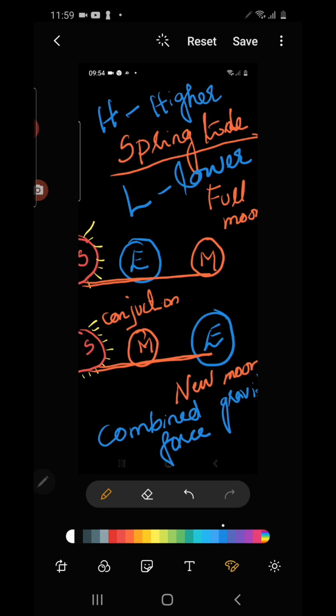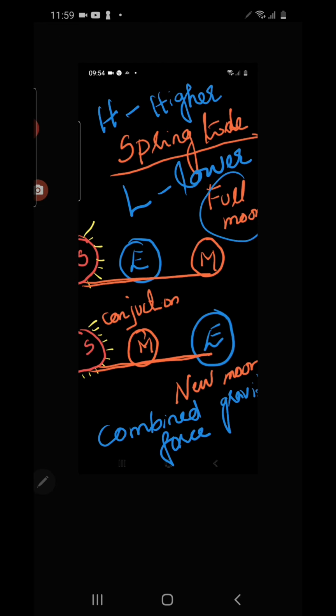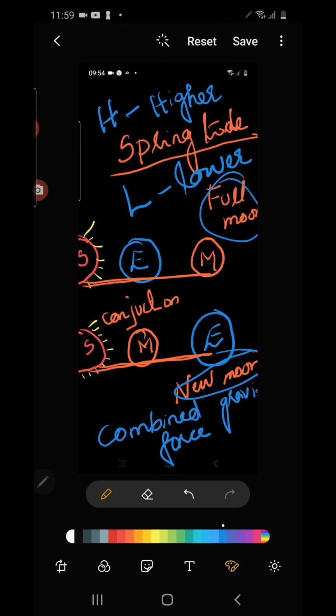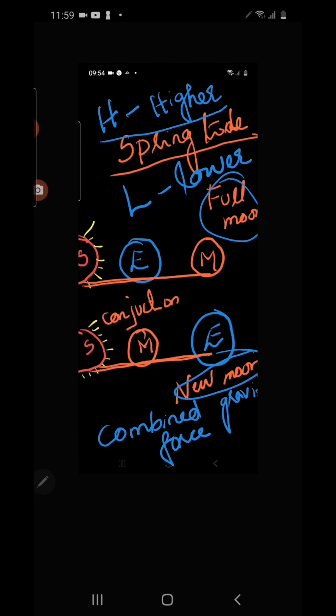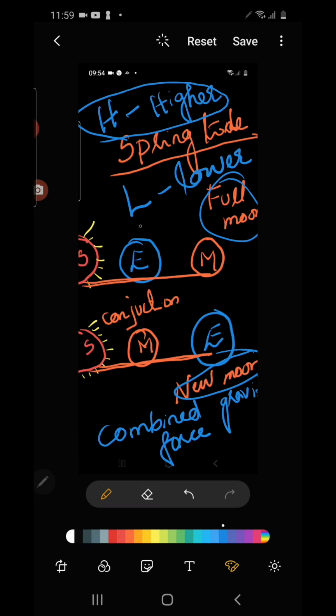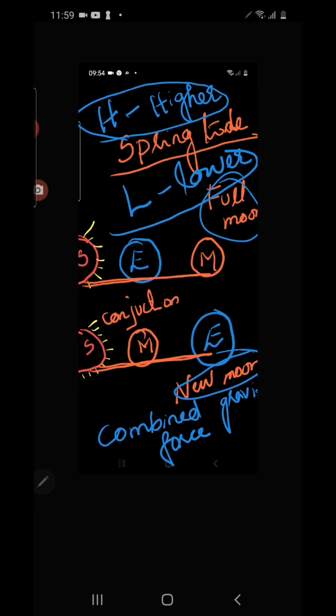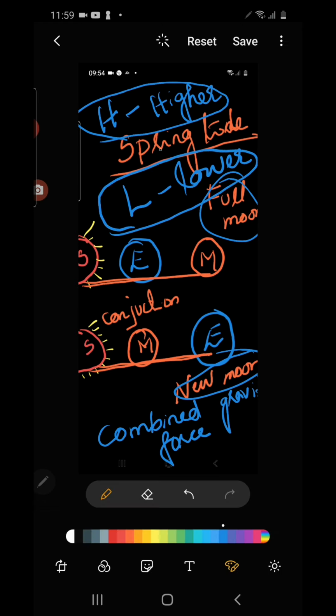What is spring tide? On full moon day and new moon day, the sun, earth and moon come into a straight line, so that sun and moon exert a combined gravitational force on the earth, so that high tide will be higher than the normal high tide and low tide will be lower than the normal low tide.